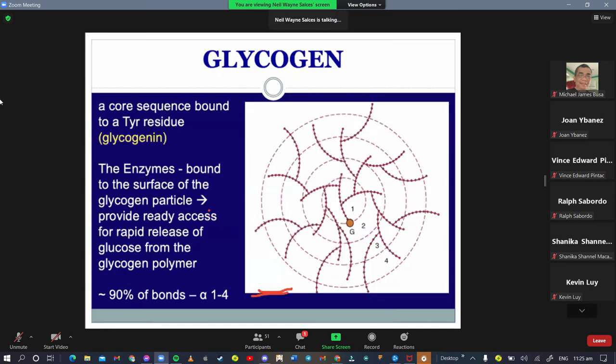Your glycogen is a core sequence that is bound to a tyrosine residue, which is your glycogenin. The enzymes that are bound to the surface of the glycogen particle provide ready access for the rapid release of glucose from the glycogen polymer.